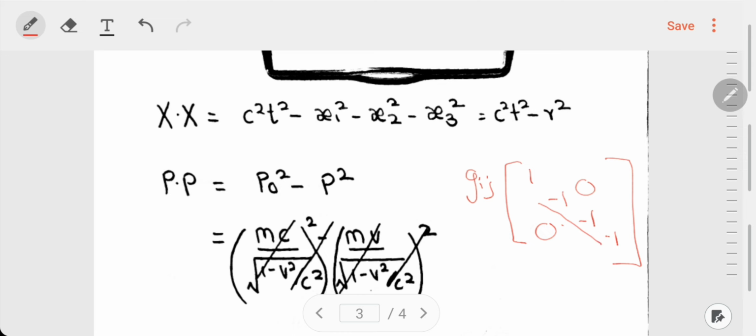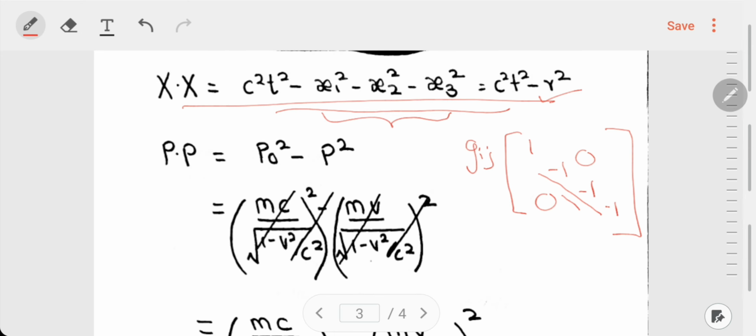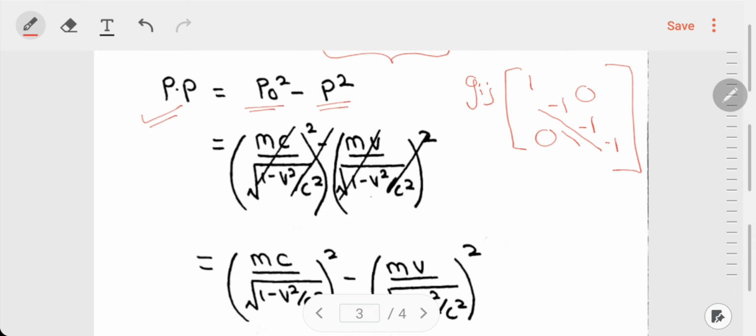I told you that this metric defines the dot product in some way, and since these other three diagonal elements are negative, the dot product of the position 4 vector is c square t square minus x1 square minus x2 square minus x3 square, and these x1 square, x2 square and x3 square can be combined together into r square. Similarly, if we do the dot product of the energy momentum 4 vector, we get the time component, that is p naught square, minus p square, that is the spatial component.